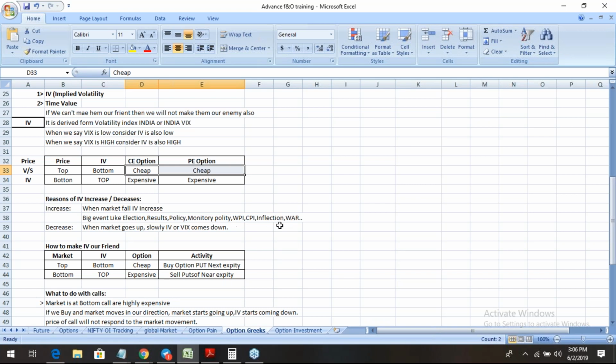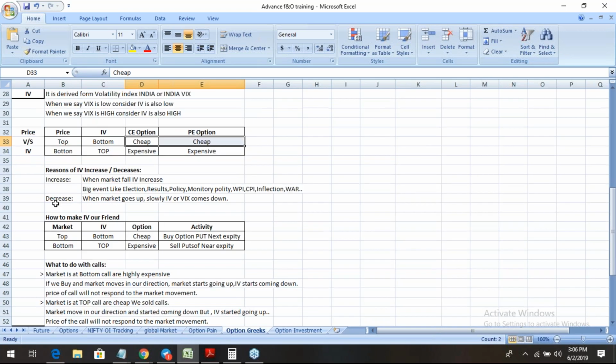Anything can be the reason for the volatility index being high or low, right? And it decreases when the market goes up; slowly IV or VIX comes down.